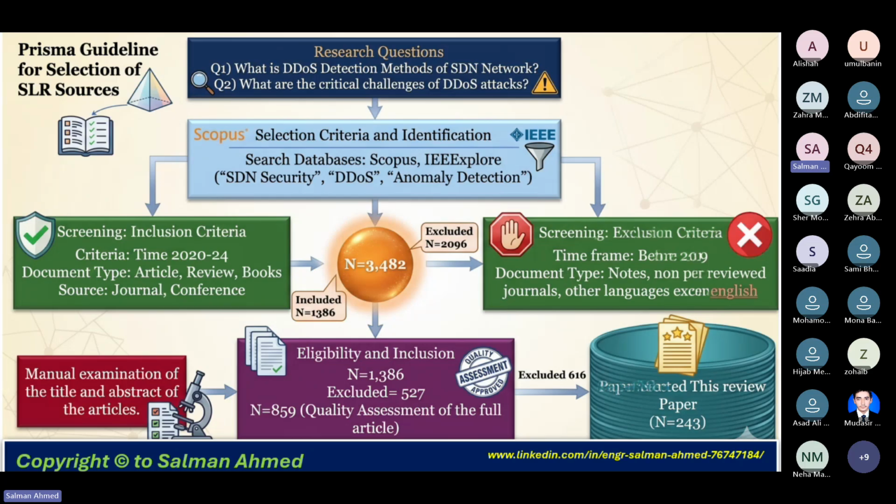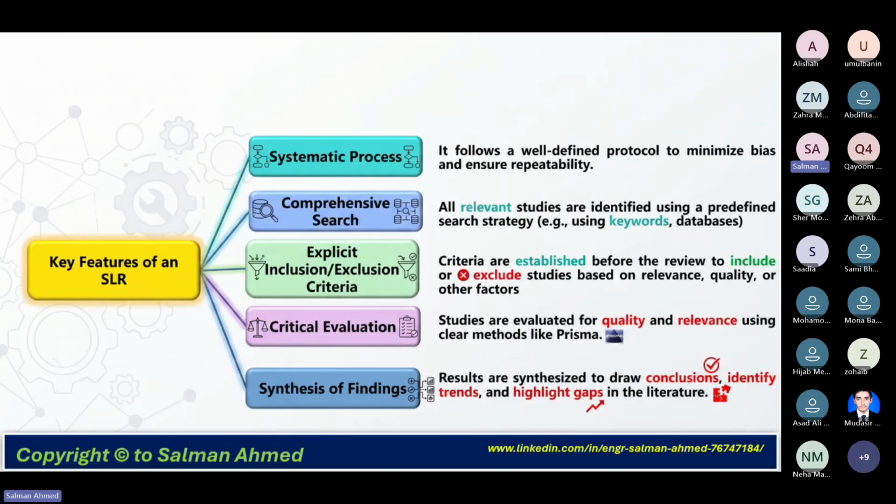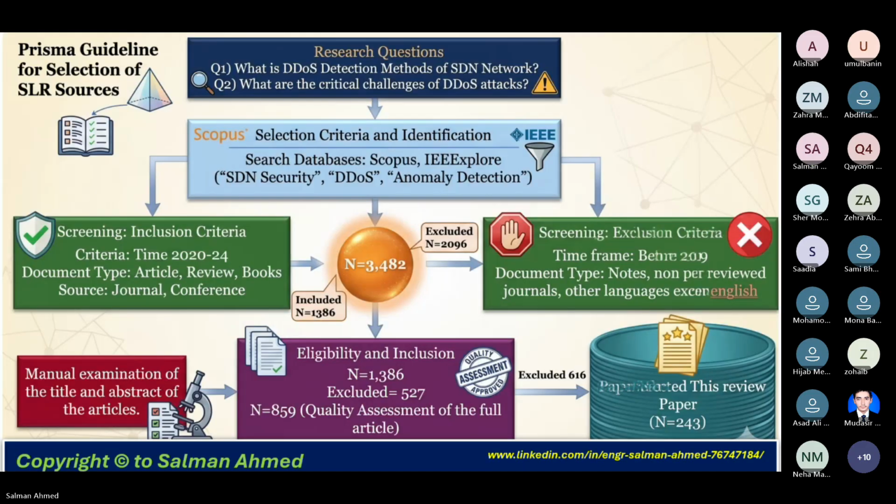So in that PRISMA method, we apply all of these five things that we discussed here: the systematic process, the comprehensive search, the inclusion and exclusion, the critical evaluation, and the synthesis of findings. So in this, we go for the fields, and we exclude the extra fields.